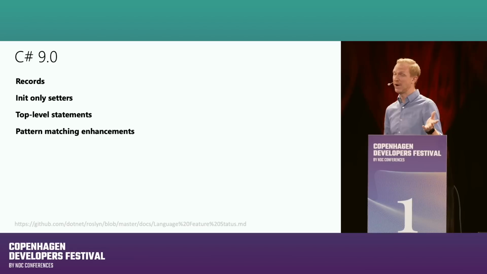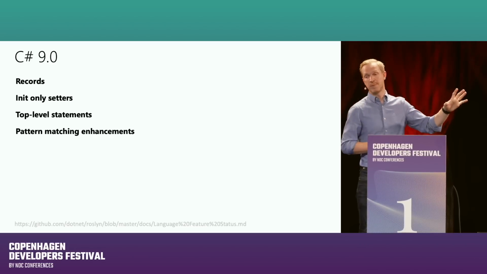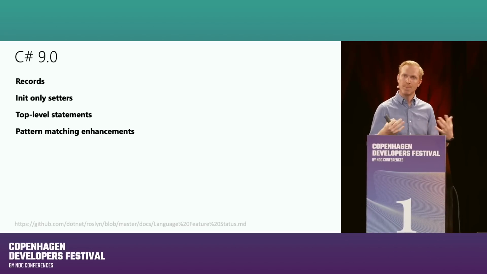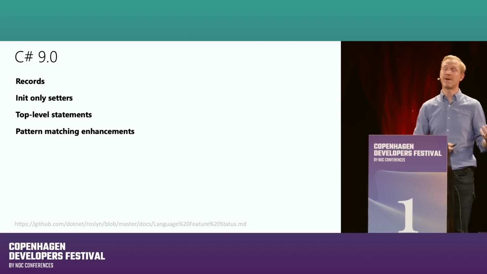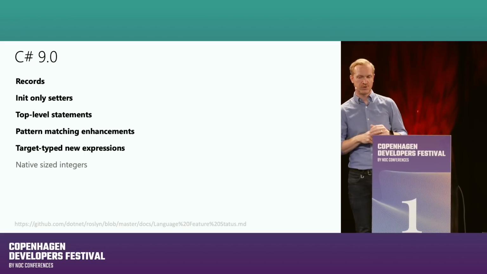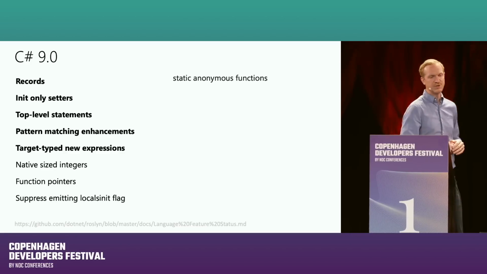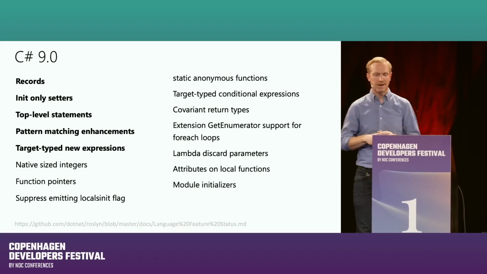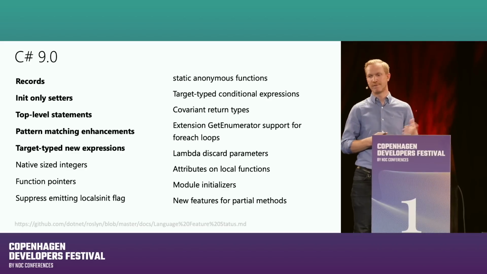I haven't even showed you pattern matching yet, but that's a big topic, and we'll cover that in just a second. With C# 9, they introduced more patterns to the language to make this a viable feature. They also added the target-typed new expression that I just showed you as well. And then there's a whole bunch of more language features, more targeted towards, I would say, lower level stuff.